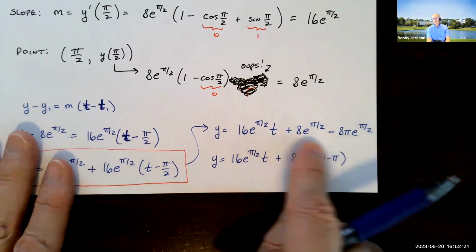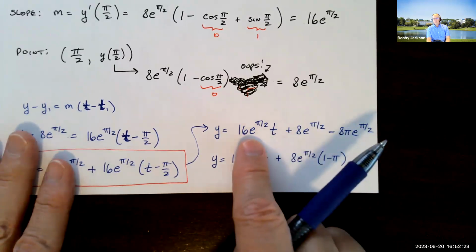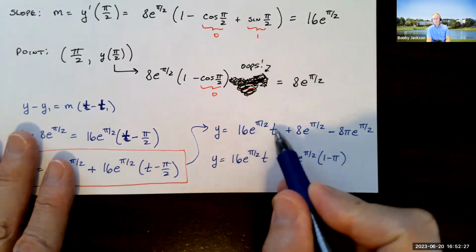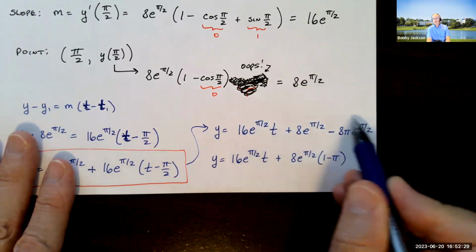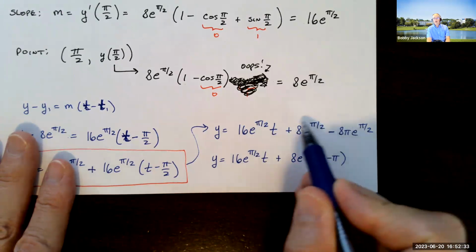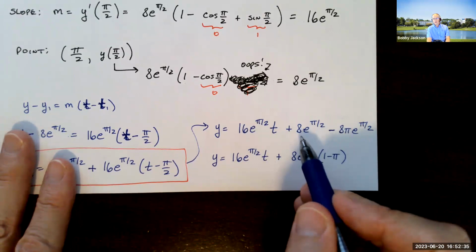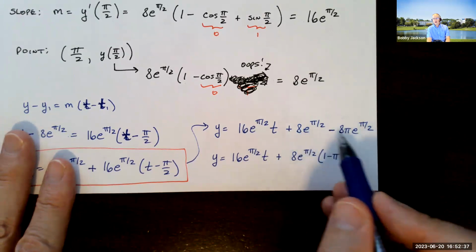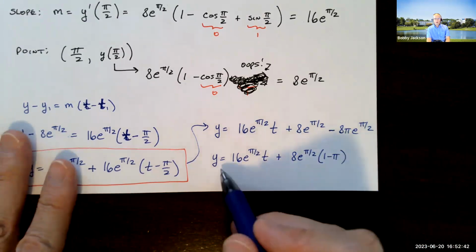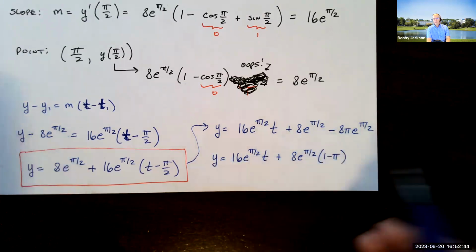I do it this way because here's a t: this is the slope times t, plus this is just a constant. Notice there's no value of t here. This is just a constant, so you can use your calculator to approximate what this is. We can also factor out an 8e to the pi over 2 from both of these, leaving 1 minus pi, to make it a little more compact. So you could write it this way. There's lots of ways of writing it.